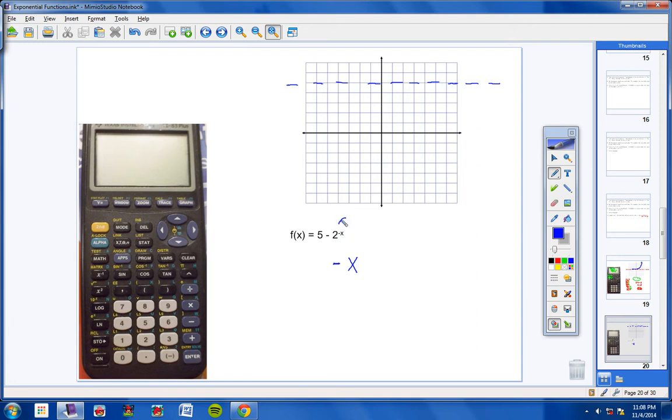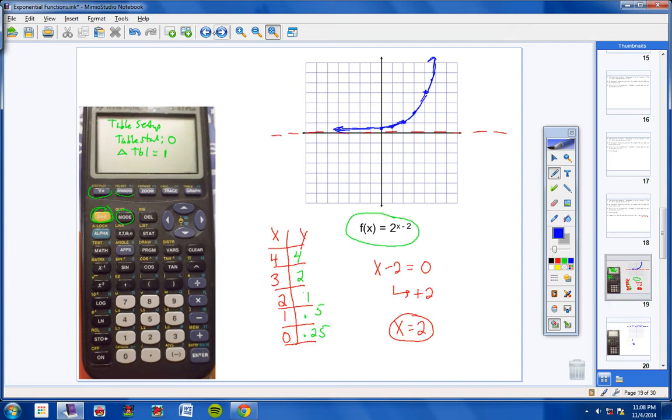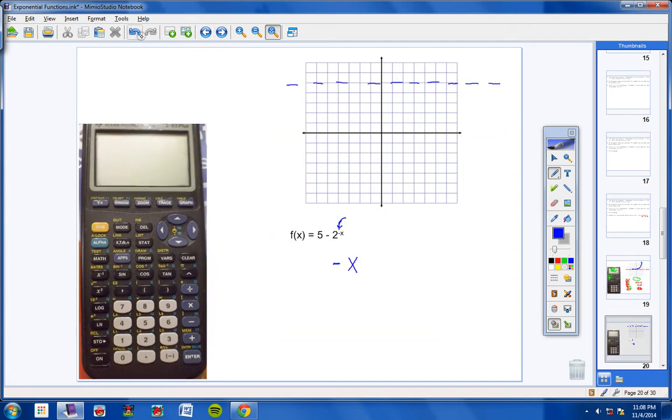It's 2 to the -x power, okay? So -x equals 0. Now divide both sides by -1. X equals 0. So remember, that's your middle value on your table of values.